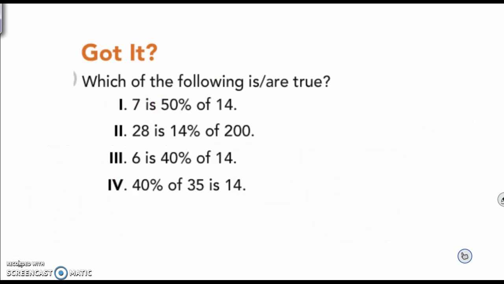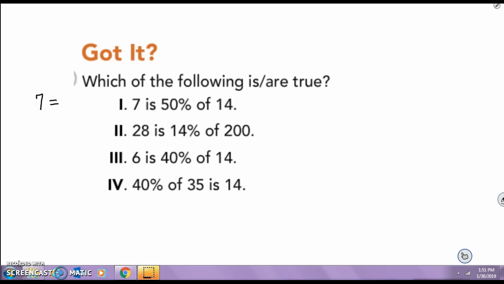Which of the following is or are true? To solve these, we need to set up either an equation or a proportion. For number 1, if we use an equation, it would be 7 is 50%, or 5/10, times 14. As a proportion, 7 over 14 equals 50 over 100.